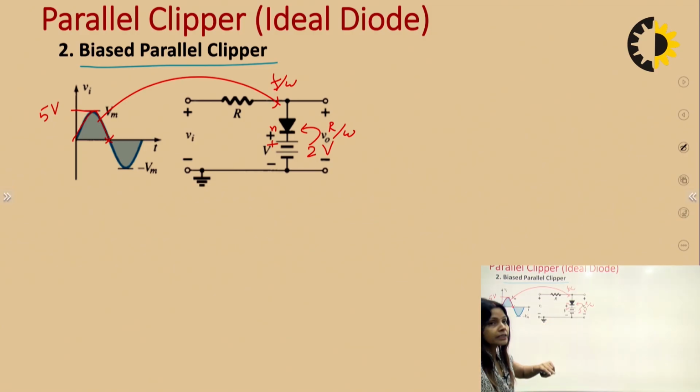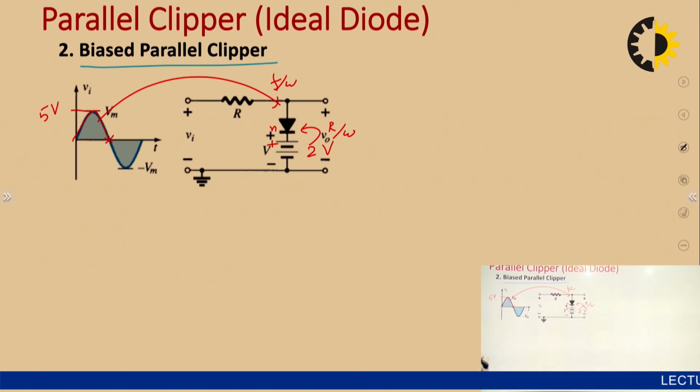And let's say if it is a silicon diode, then the waveform will win over the battery and give silicon 0.7 to be forward biased. It would be 2.7 volt. It should be greater than 2.7 as in the previous case. If it is a germanium diode, then the waveform should be above 2.3. So case 1 would be when Vi is greater than 2.3 for germanium, when Vi is greater than 2.7 for silicon diode, and when Vi is greater than 2 volts for an ideal diode.